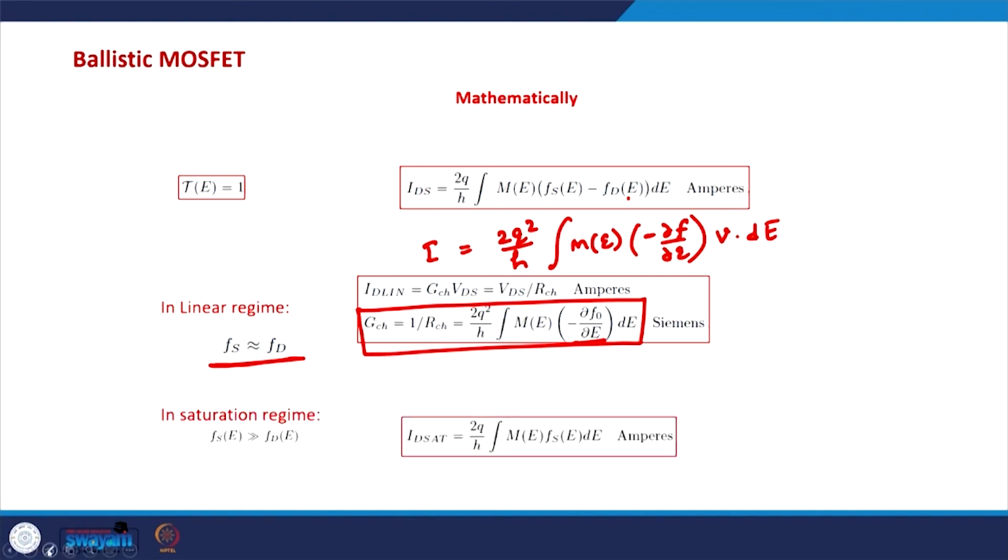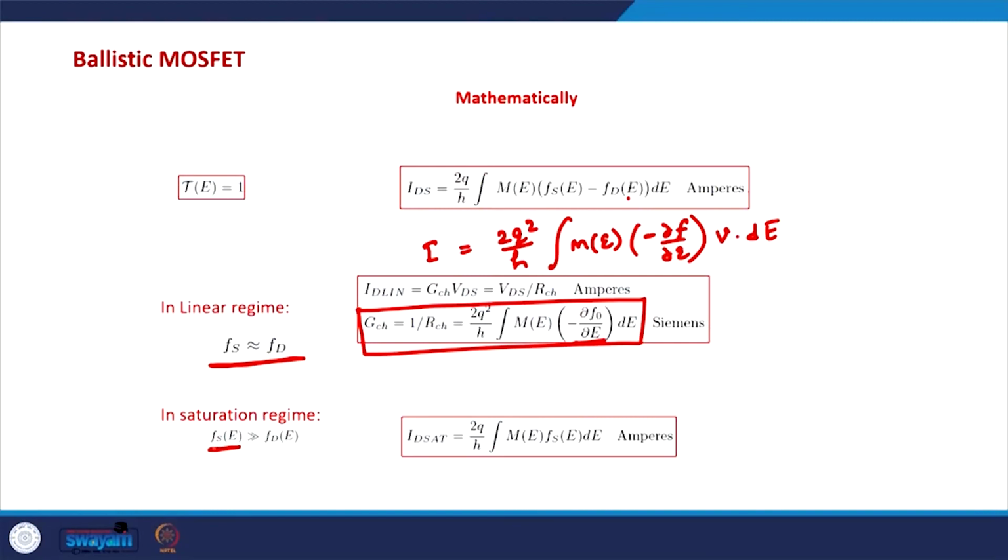In the saturation regime, when a high voltage has been applied on the drain terminal, the source Fermi level is well above the drain Fermi level, and the difference between the source and drain Fermi functions can be approximated by just the source Fermi function.